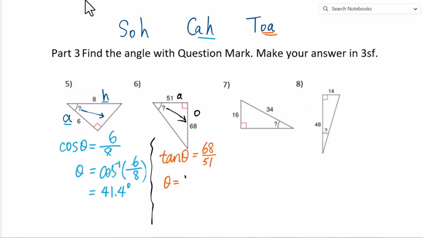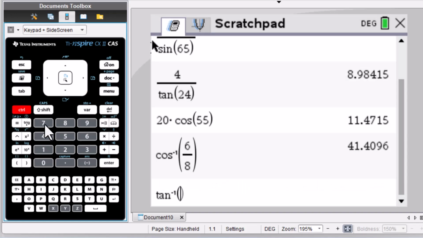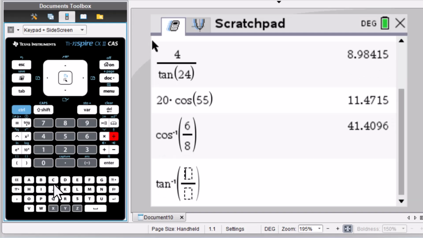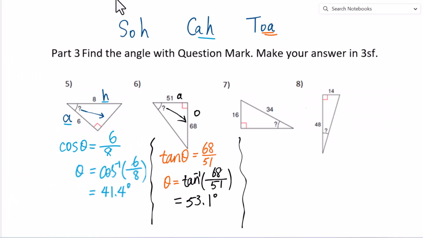So theta equals inverse tangent of 68 over 51. Trig. Inverse tangent. Enter. Control divide. 68 over 51. Enter. Answer is 53.1 degrees. Let's go to question 7.